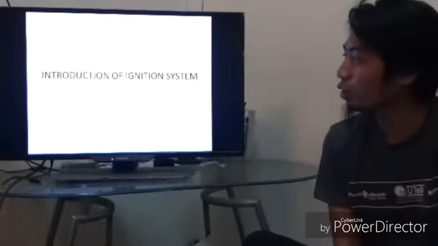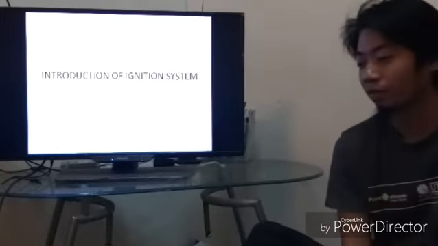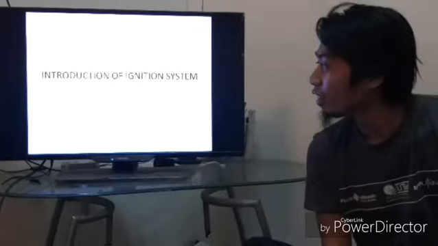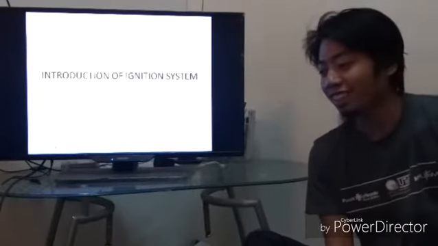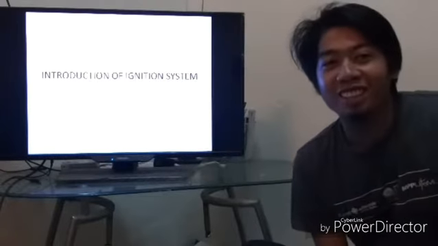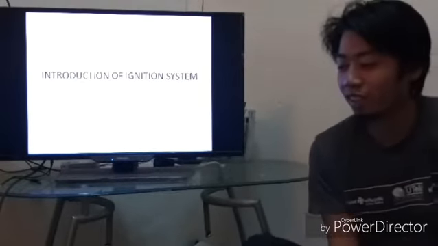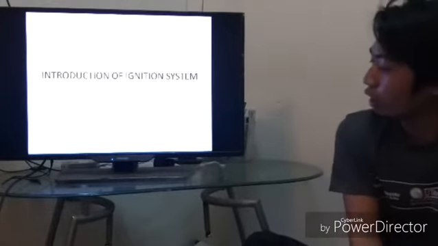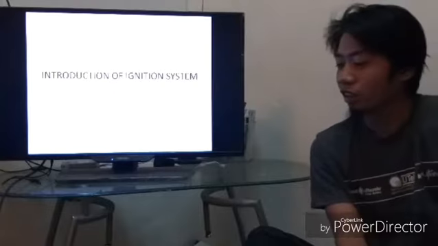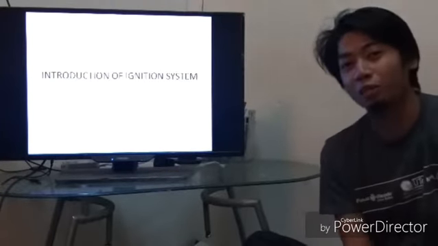Before that, let me introduce what the ignition system is. The electronic ignition system is controlled by an electronic circuit, usually by a transistor. It is controlled by the sensor to generate an electric pulse, which leans the mixture and provides a better spark and economy.